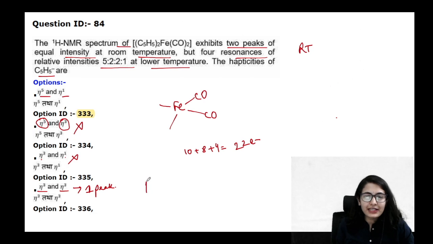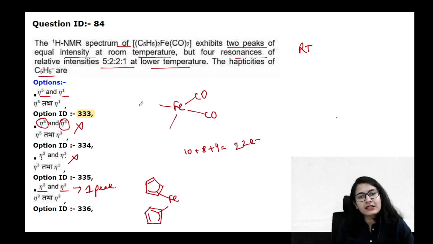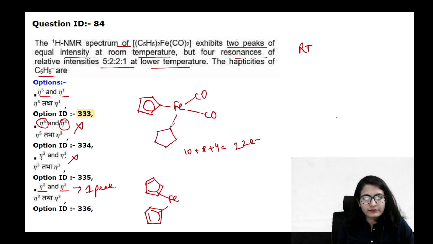If I have eta 3 at room temperature, please try to understand this, it is going to be the same for both of the rings, and because of ring whizzing, you will get only one type. But since it is different, both of the rings are the same over here, and here it is eta 1, here it is eta 5.